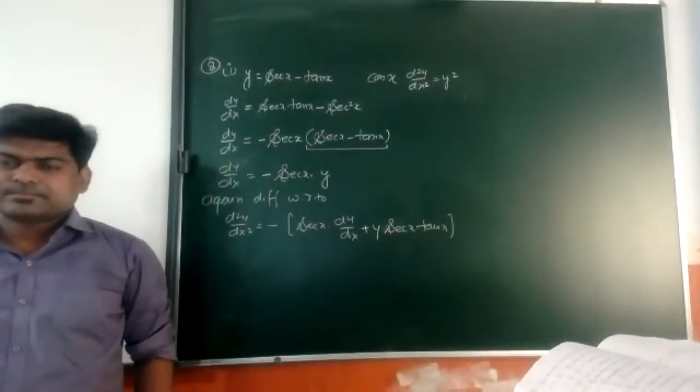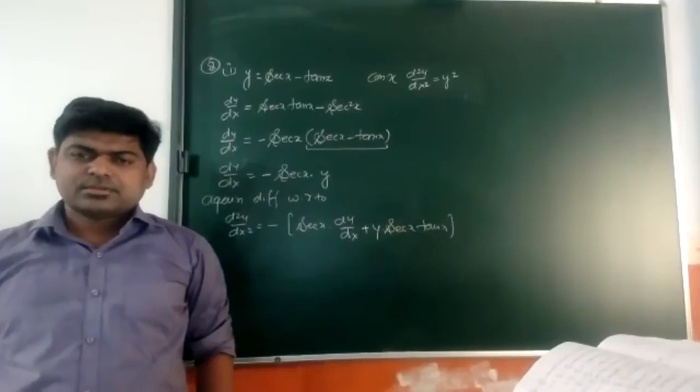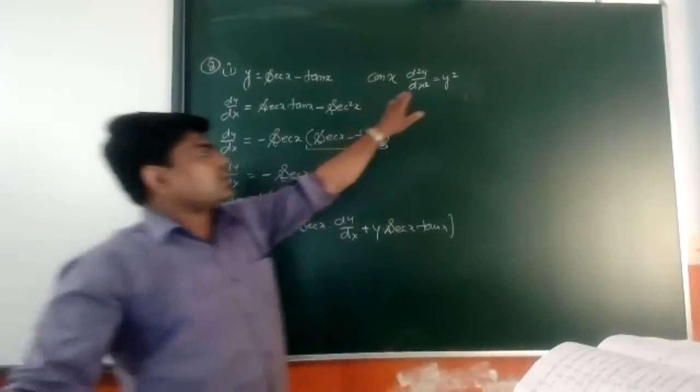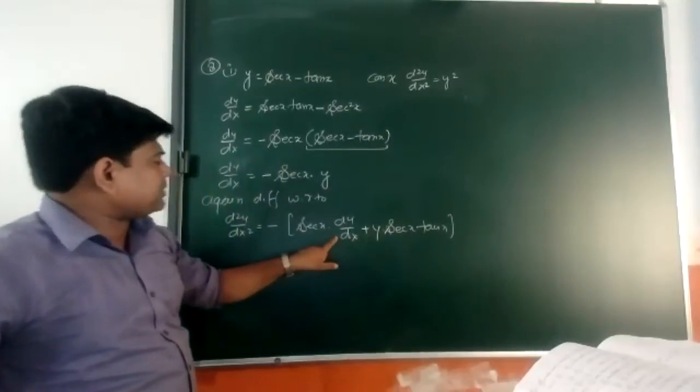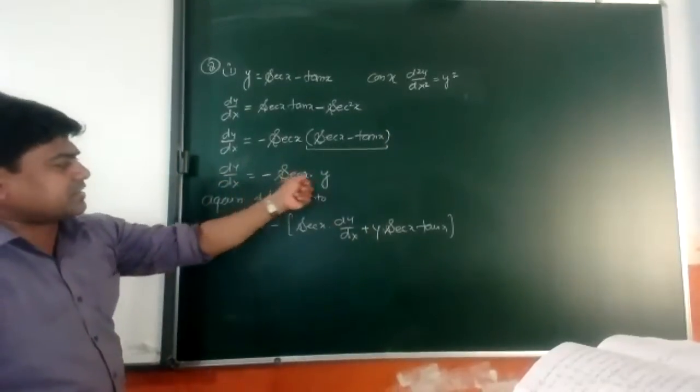Am I correct? In our proof, dy by dx is not required. Can I substitute the value of dy by dx from here, minus sec x y?